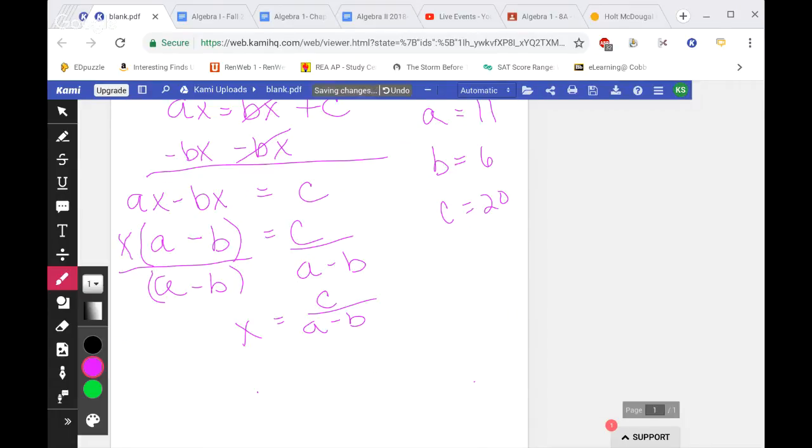So now what I'll do is plug that back in here, and I'll have 20 all over 11 minus 6, which equals 20 over 5, which equals 4. Yes. All right.